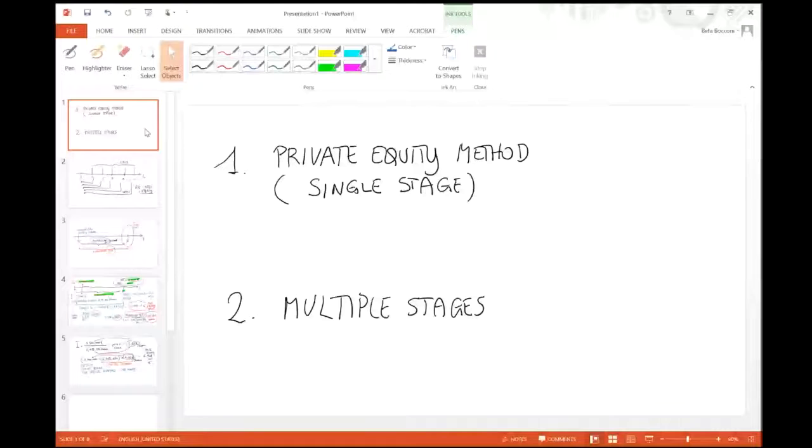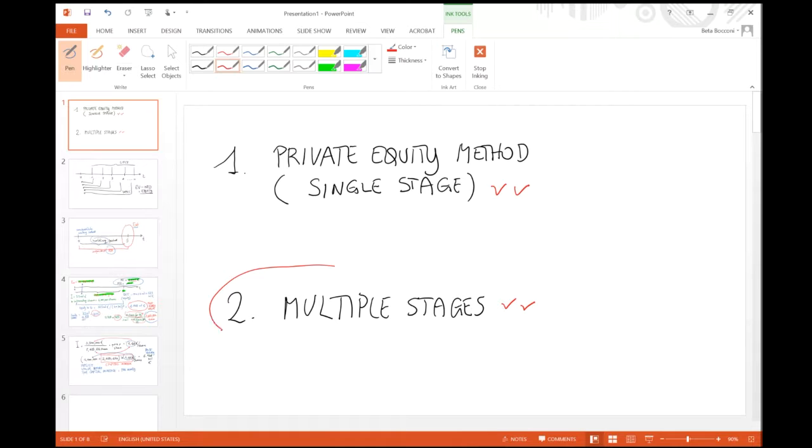For this reason, what we are going to do in this second part of our discussion, returning to our agenda for this session, is to modify slightly our private equity method, moving from the application on a single stage to multiple stages of financing.